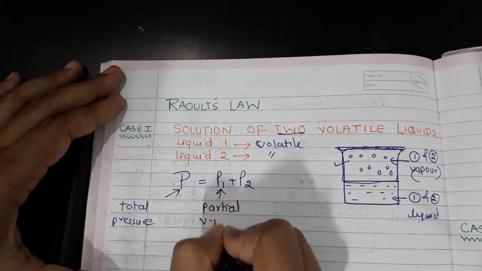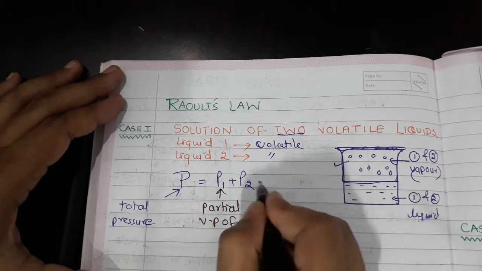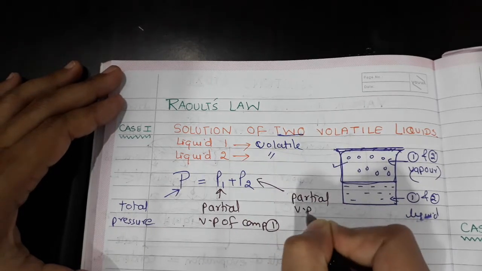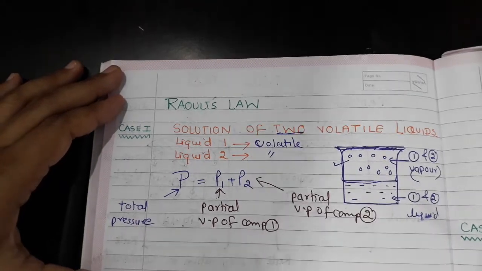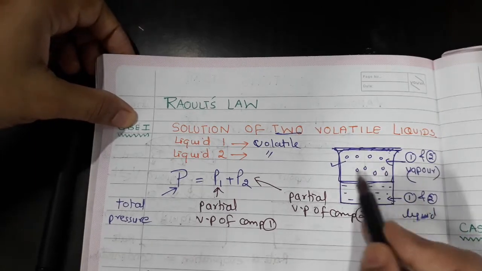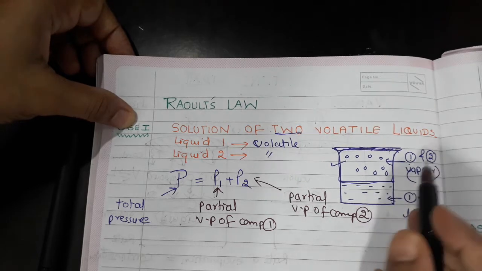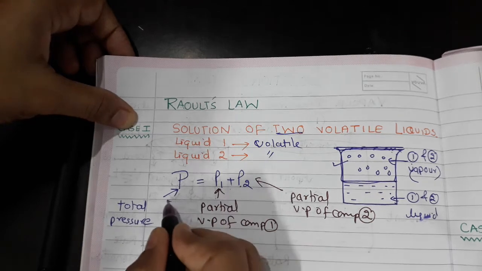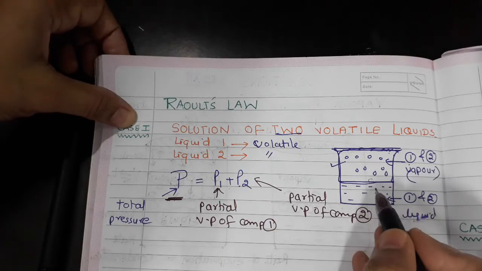Partial vapor pressure of component 1, and P2 would be what? It is partial vapor pressure of component 2. Whatever vapors are present here are vapors from the first component and second component, and adding the partial pressures of both the components, we are getting total pressure or total vapor pressure on the surface of the liquid.